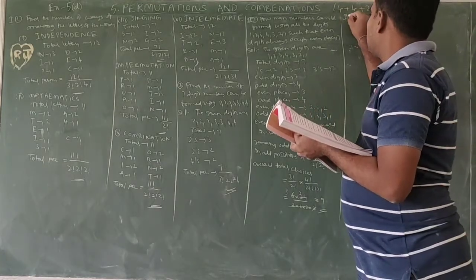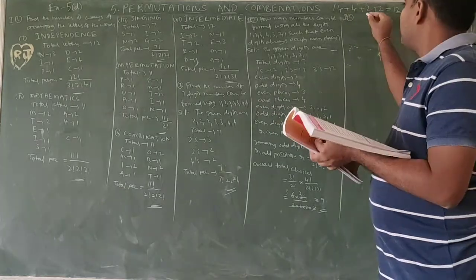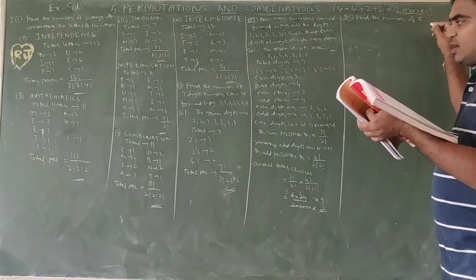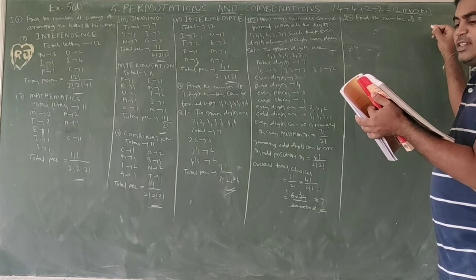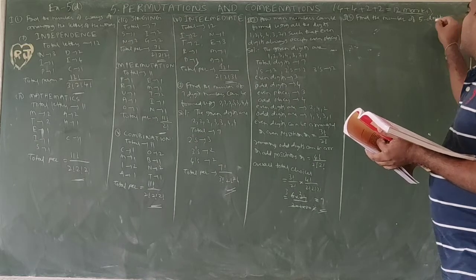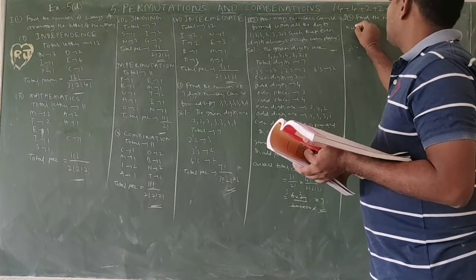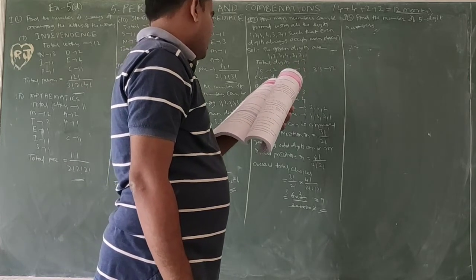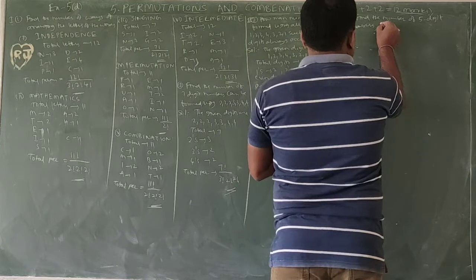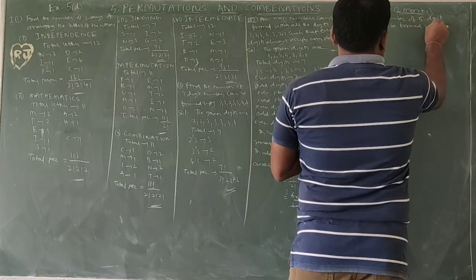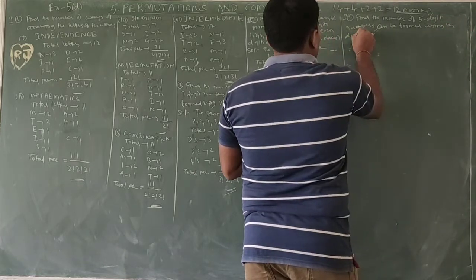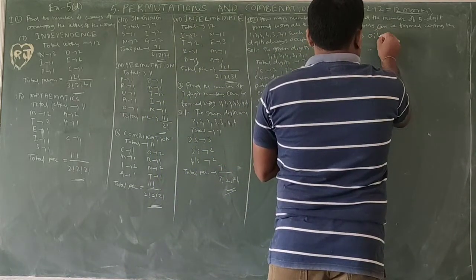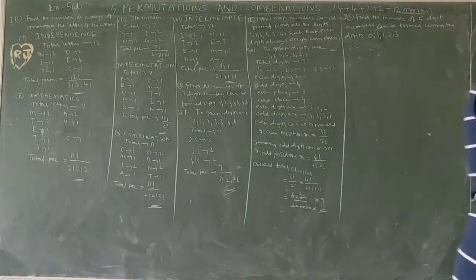Second bit fifth question is: find the number of 5-digit numbers that can be formed using the digits 0, 1, 1, 2, 3.